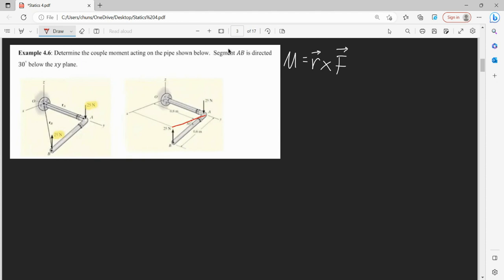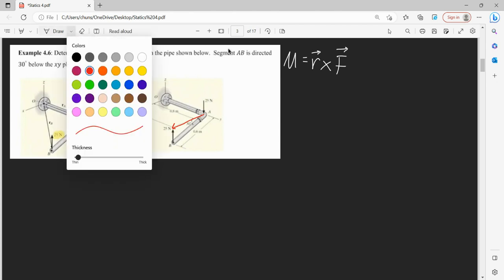So that is this point right here. So this represents our r, from the point of application of the first one to our second one. Because this needs to be a directional vector, not just a distance, in this analysis, let's say it points from our downward 25 to our upward 25.